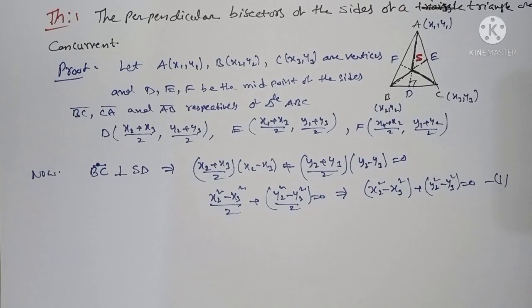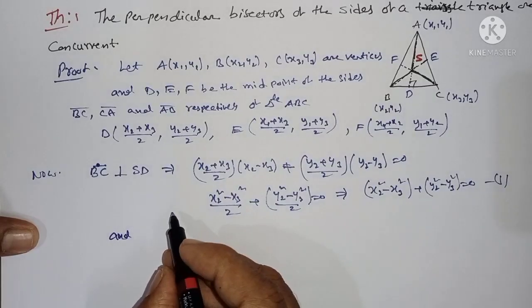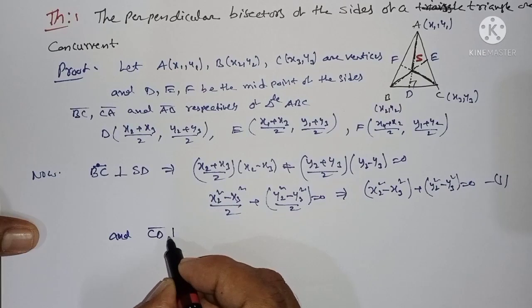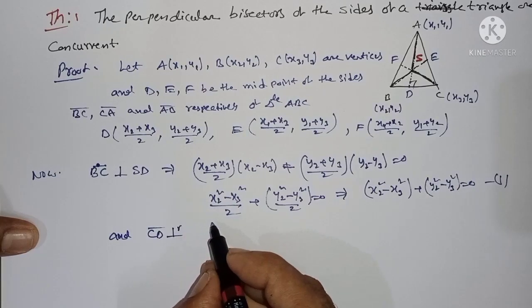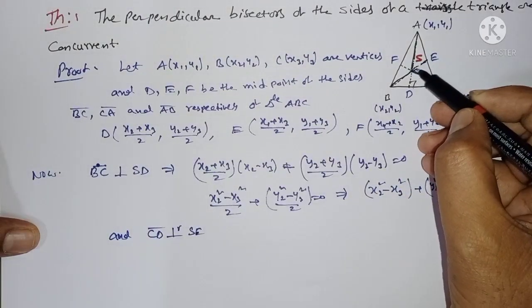Similarly, I can write here that SE is perpendicular to AC. This is 90 degrees.